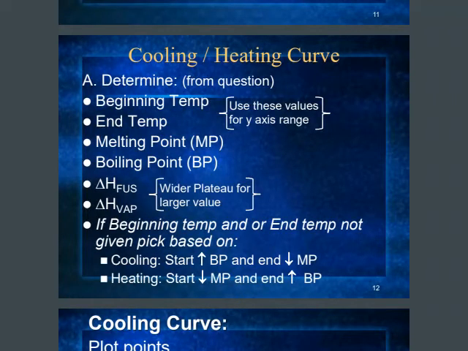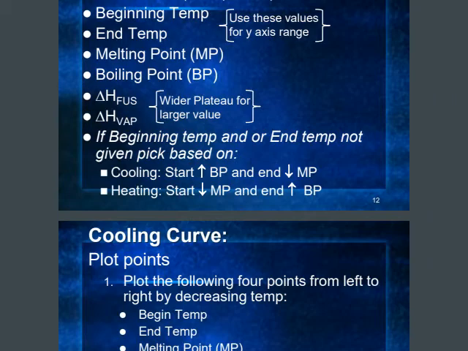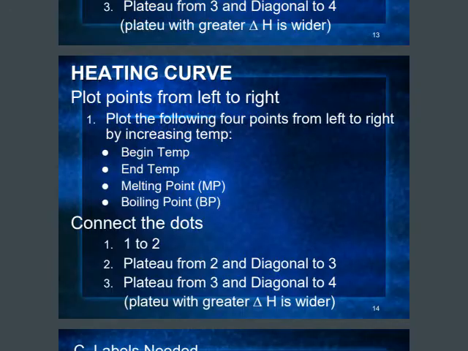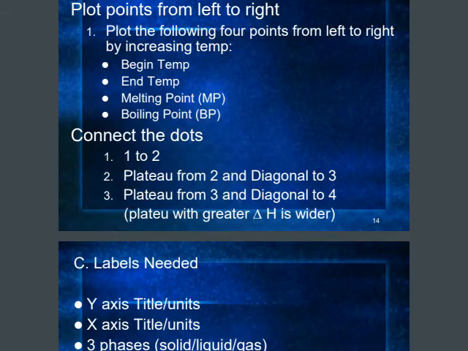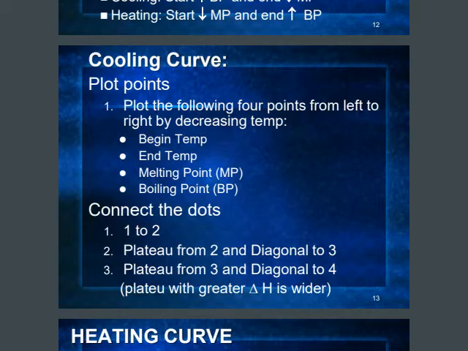So now what do we do with that information? If you can see on the screen, this is a cooling curve. It says plot the following 4 points from left to right by decreasing temperatures. So I need to look at the 4 temperatures and plot them from left to right by decreasing temperature, since it's a cooling curve.